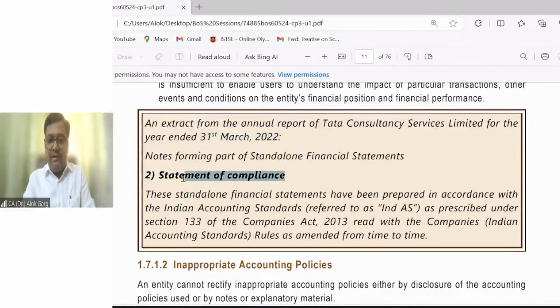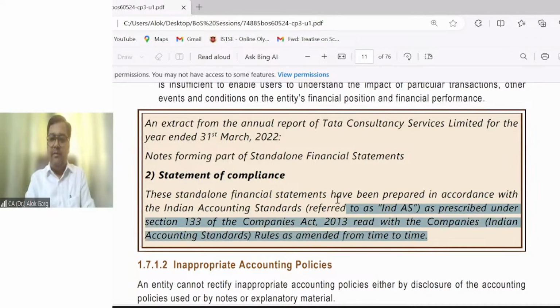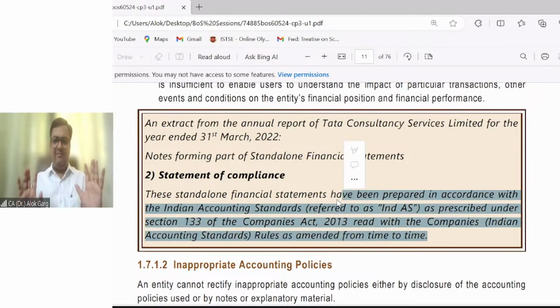They have given the statement of compliance in their notes to accounts after the basis of preparation. These standalone financial statements have been prepared in accordance with the Indian accounting standards as prescribed under Section 133 of the Companies Act, read with the company's Ind AS rules as amended from time to time. You can see that there is a very clear, unreserved statement of compliance, with no qualification.